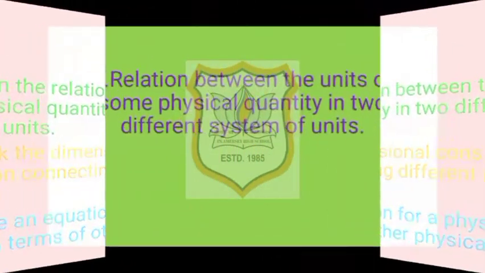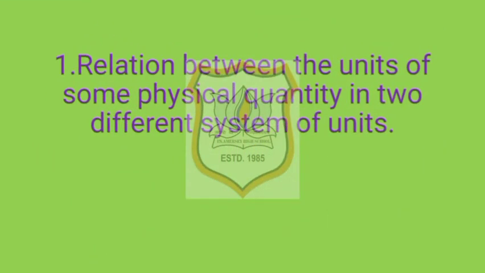Today, we are going to study the first use, that is relation between the units of some physical quantity in two different system of units. That is, we will be deriving the relation between the units of any physical quantity in two different system of units. Let us study this by taking some examples.